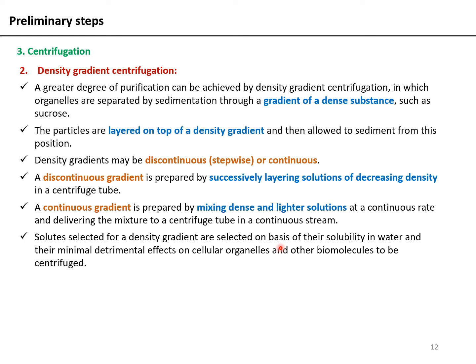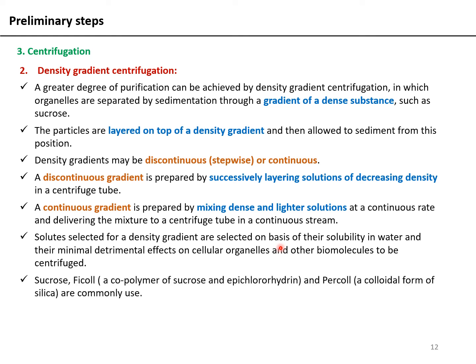It should be an inert solution. Sucrose, Ficoll, which is a polymer of sucrose and epichlorohydrin, and Percoll, which is a colloid formed from silica, are commonly used. So you will commonly hear these terms: sucrose density gradient or a Percoll or Ficoll density gradient.